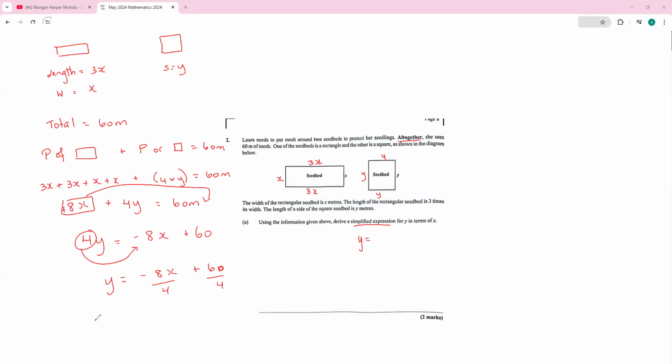So y is equal to, 4 could go into 8 2 times, so that's negative 2x plus, 4 could go into 60 15 times.